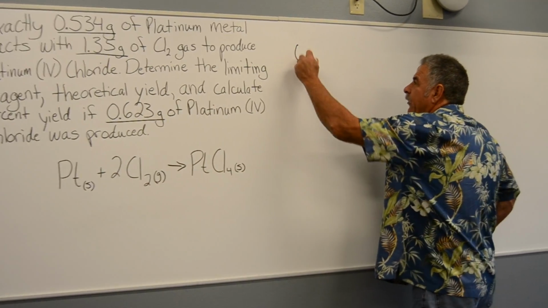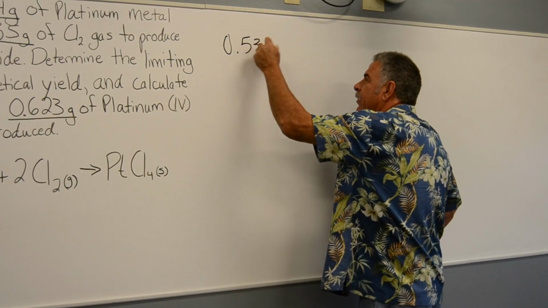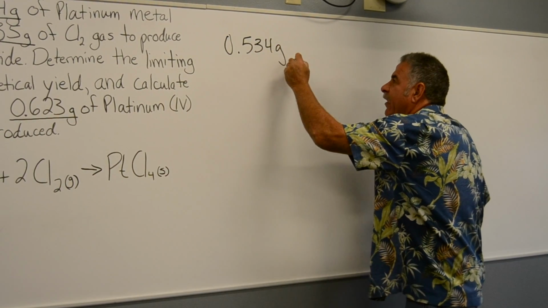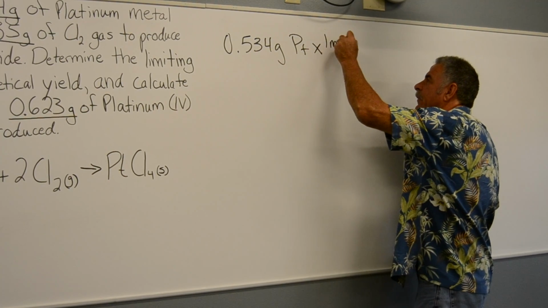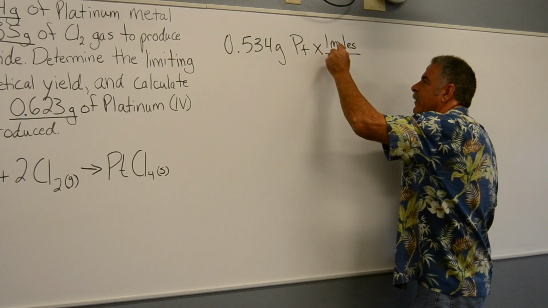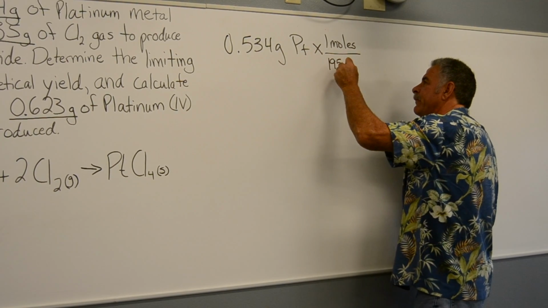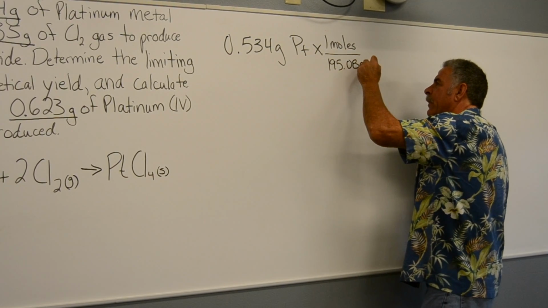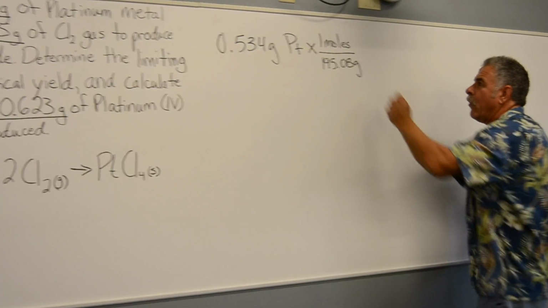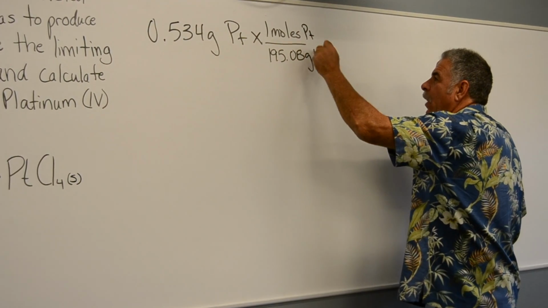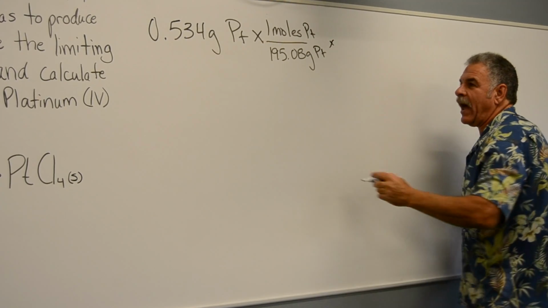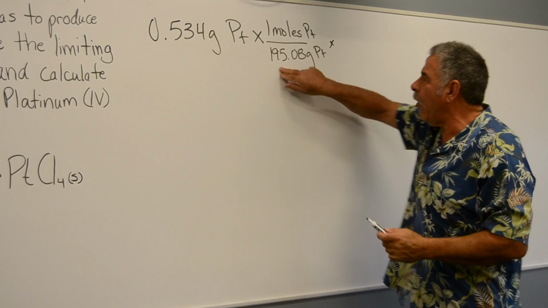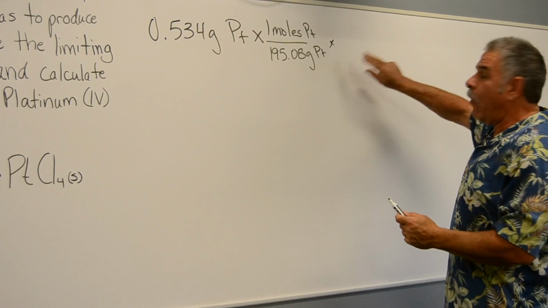And if we start with 0.534 grams of platinum, we have to convert that to moles of platinum, which is 1 mole of platinum is 195.08 grams of platinum, and then we're going to convert that to platinum chloride. So we go from grams to moles, moles to moles, moles to grams.